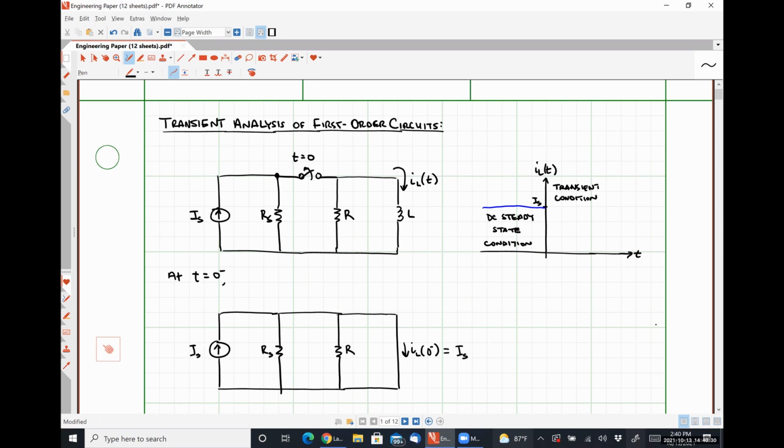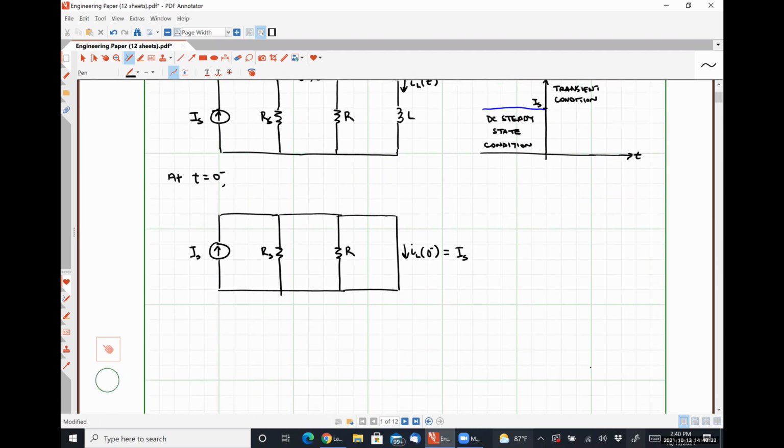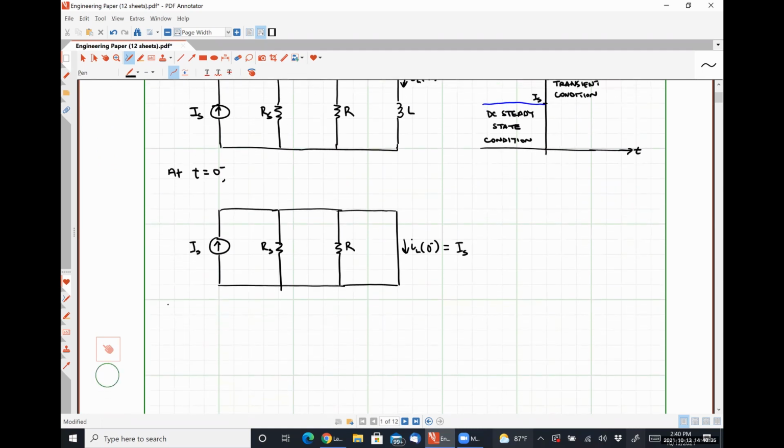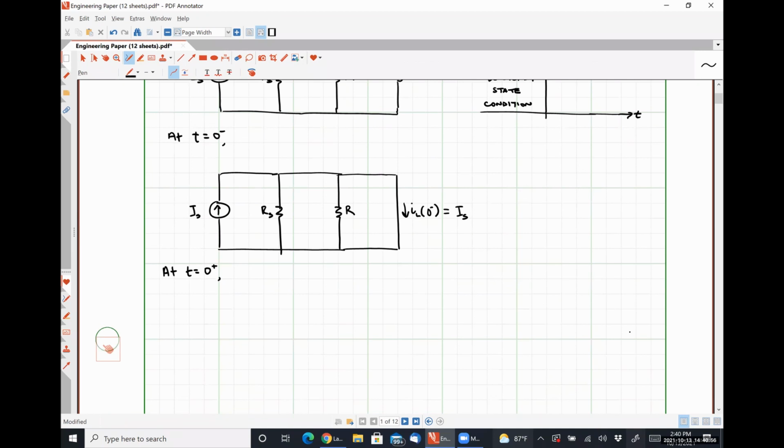All right, so let's look at how this guy behaves at exactly t is equal to 0 plus, using our current understanding of how inductors behave. All right. So at t is equal to 0 plus, this represents the moment immediately after that switch opened up. So we're going to replace the switch with an open circuit.